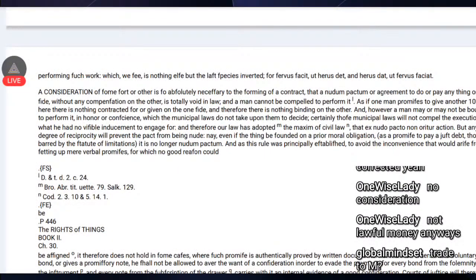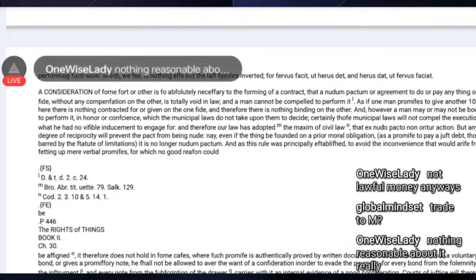For servus facit ut herus det and herus dat ut servus faciat. A consideration of some sort or other is so absolutely necessary to the form of a contract that a nudum pactum, or naked agreement, or an agreement to do or pay anything on one side without any compensation on the other, is totally void in law.